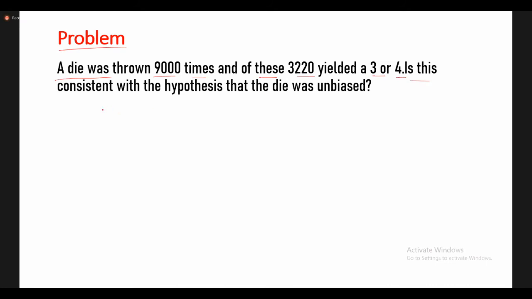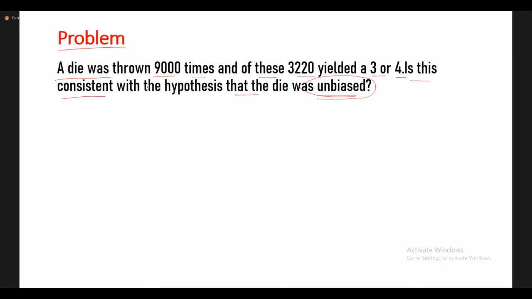Is this consistent with the hypothesis that the die was unbiased? In this one, just a trick is there. Here we are discussing whether the die is unbiased or not.